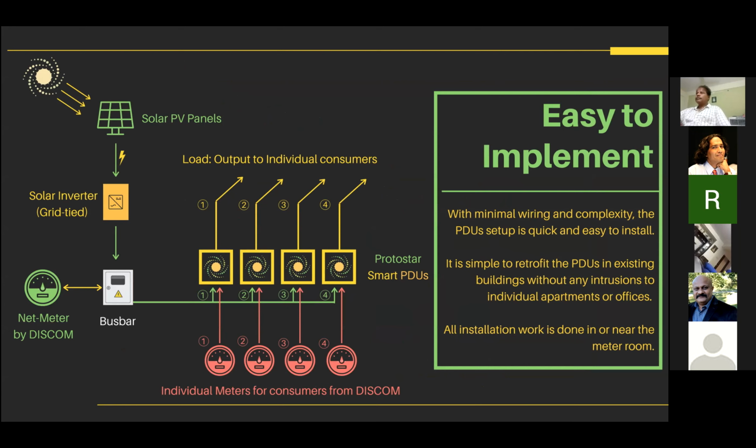The SPDU has two sources of input and one output. The two inputs are solar and your MSEB meter, and the output is your apartment. Like I mentioned earlier, it initially gives priority to solar. When you finish your solar, only then does it switch to your MSEB meter. On the first of the next month, it goes back to solar. This is how it reduces the bill dramatically.